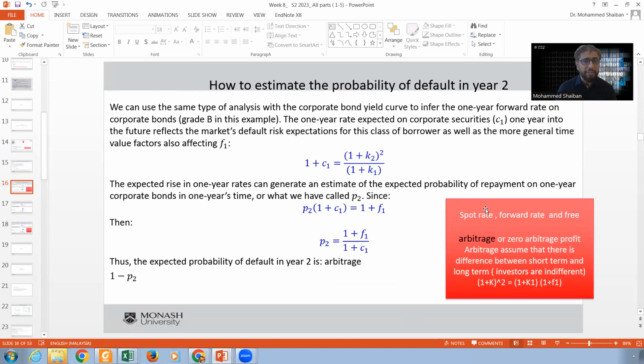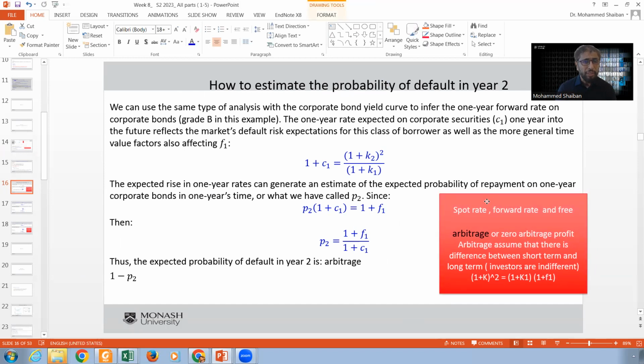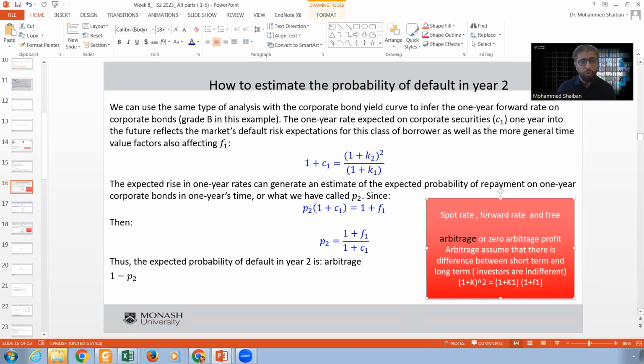Arbitrage, assuming that whether you are investing in short term or long term, it will be the same. So there is what you call free arbitrage, meaning that knowing the information of the second year does not give advantage to anyone, and the information is actually available for everyone. So everyone actually knows the year 2 I and K2.